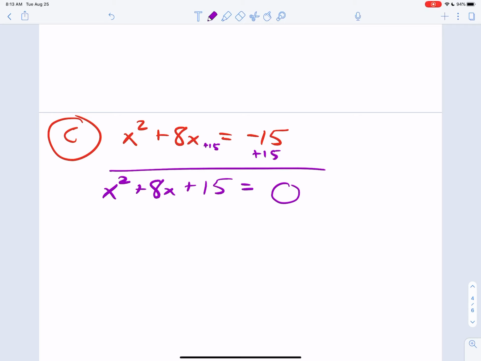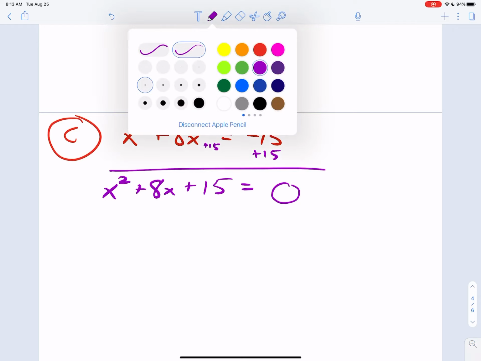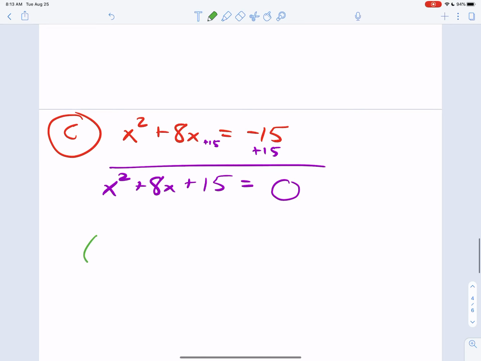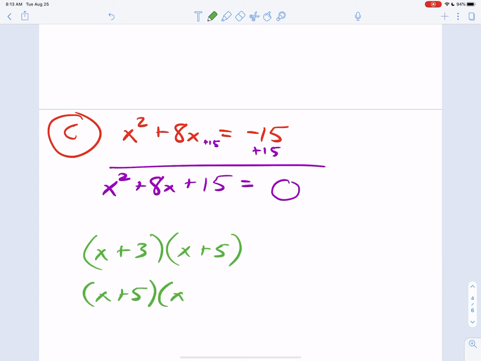It's just some people tend to flip out when it doesn't look exactly the way it should. So go ahead and finish this one here. Pause and play when you're ready. Okay, so here if you factor it down, you should get x plus 3 times x plus 5, or the other way around in this case, okay?